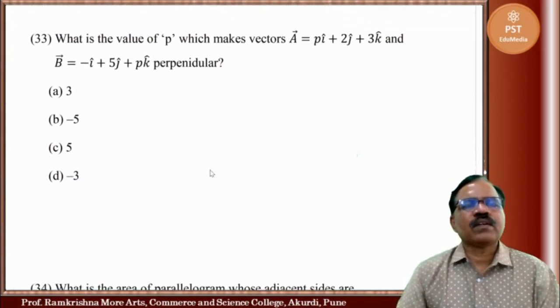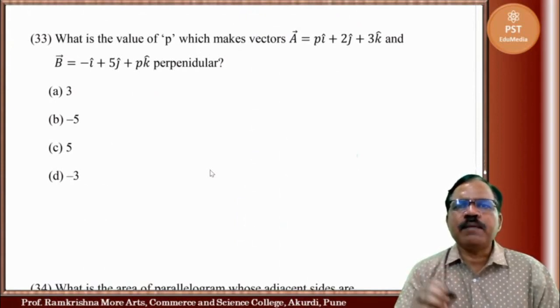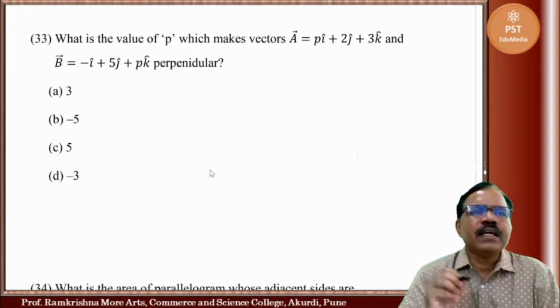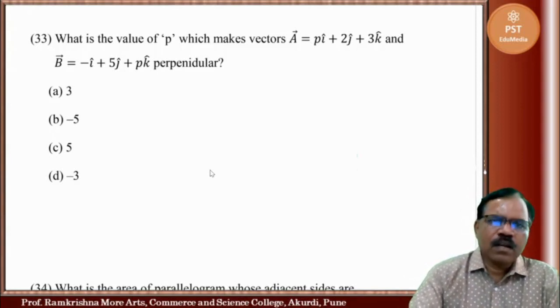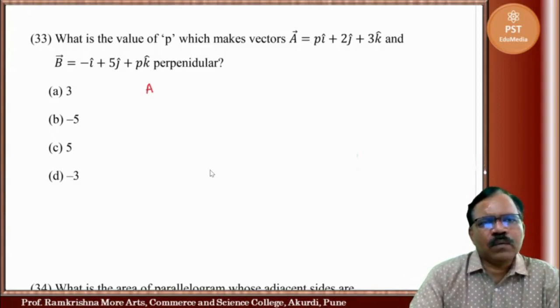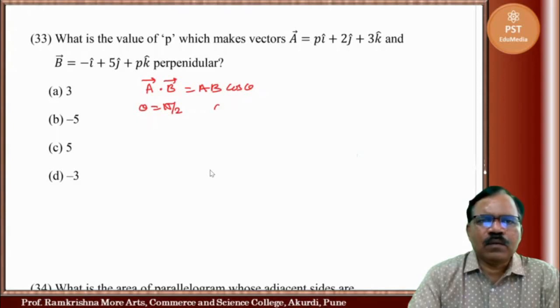Now next one, what is the value of p which makes vectors A equal to pi plus 2j plus 3k and B equal to minus i plus 5j plus pk perpendicular? Now when two vectors are perpendicular, we know A dot B is equal to AB cos θ, and when θ is equal to π/2, A and B are perpendicular, cos θ is equal to 0, so we'll get A dot B is equal to 0.